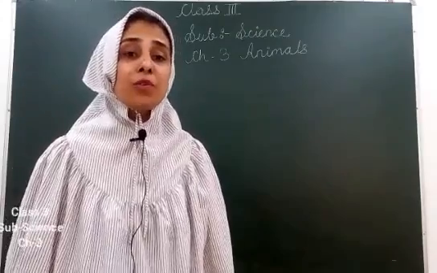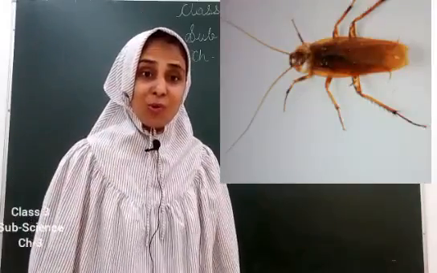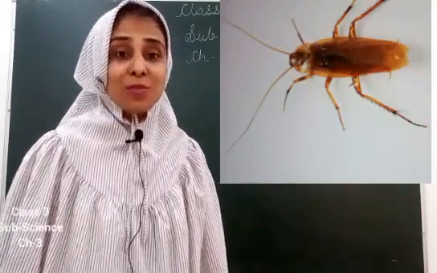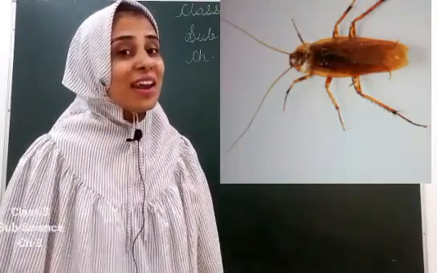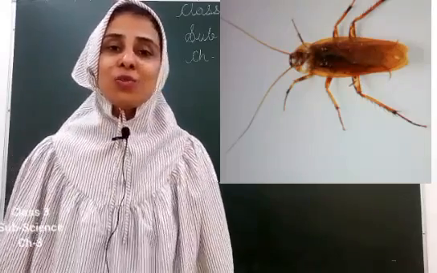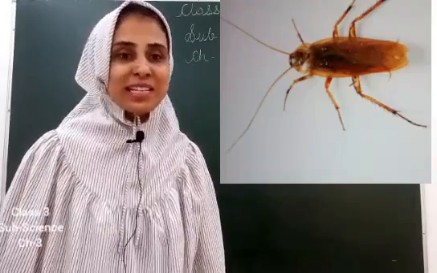Now we are going to learn about cockroaches. You have seen cockroaches. Yes, they come when you switch off the light, at night. If there is any food left inside the kitchen, they will go and eat that.